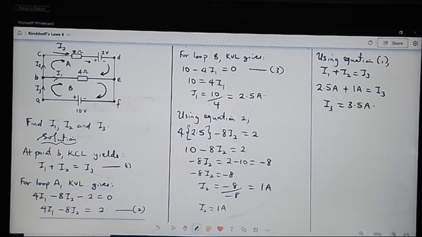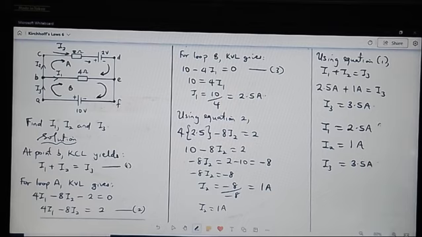So bringing all equations together, we can say I1 is equal to 2.5 ampere, I2 is equal to 1 ampere, and I3 is equal to 3.5 ampere.